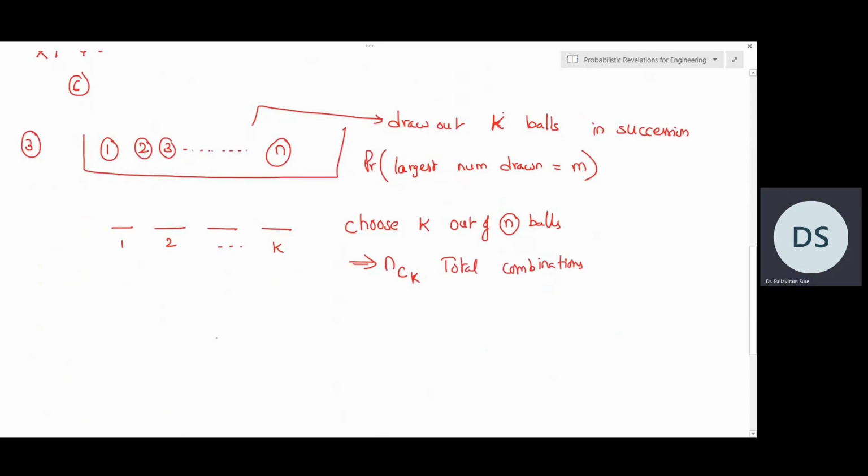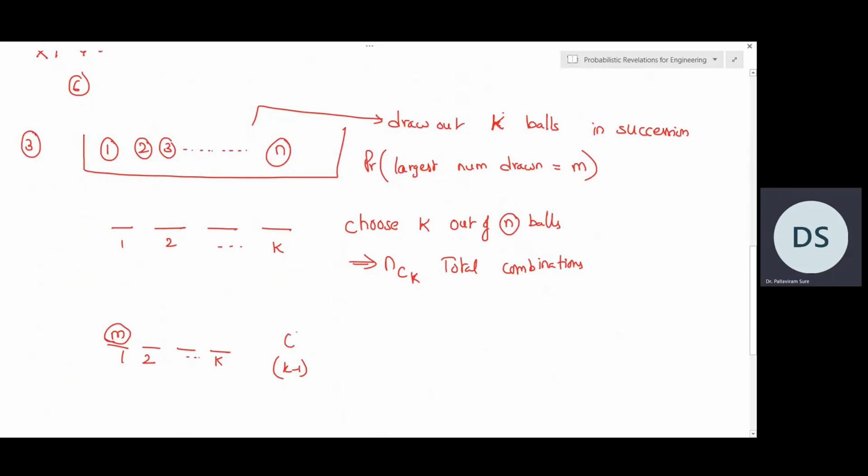Now coming to the largest number being m. So out of these k, the largest number among them is m. So that means m should always be there, either in first position or second or wherever, but m should always be there. So the leftover are only k minus 1 options. So these k minus 1 can be chosen from only the balls 1 to m minus 1, because m is already occupied.